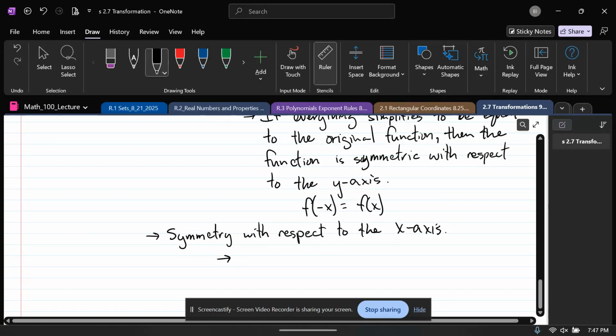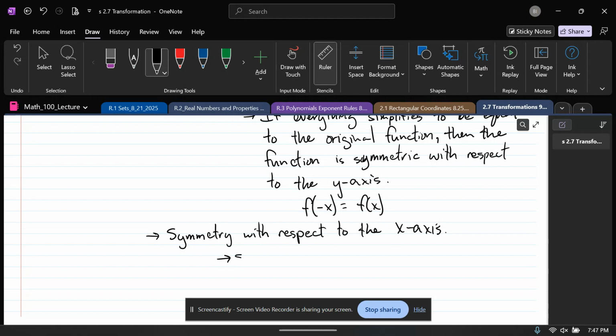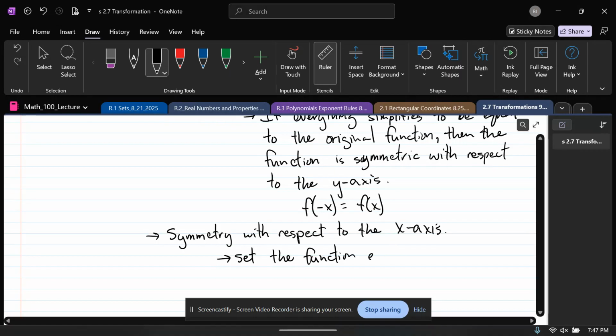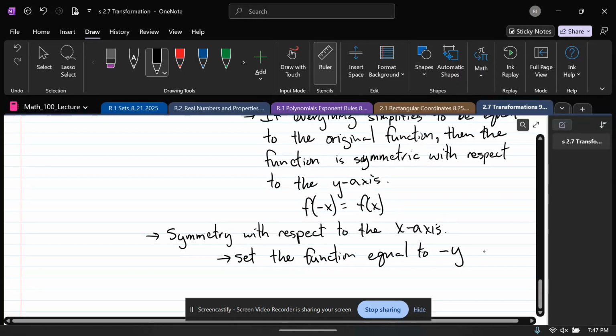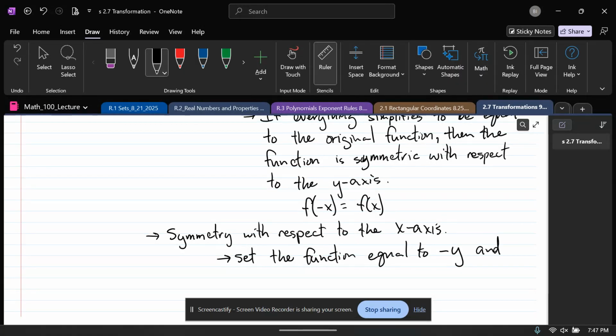Symmetry with respect to the x-axis, you set the function equal to negative y and solve for y again.